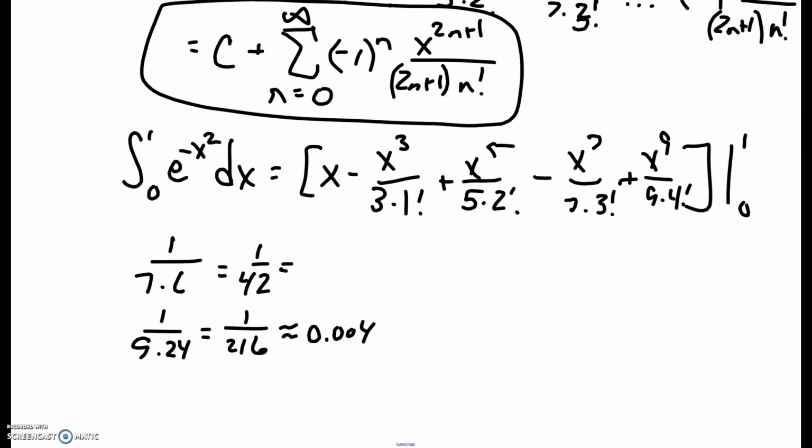And that would be x to the 11th over 11 times 5 factorial.